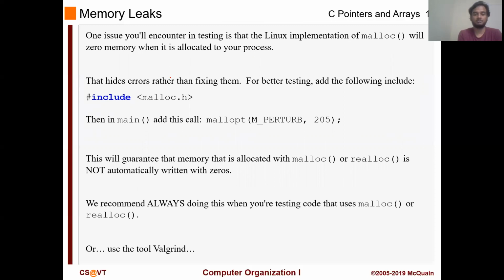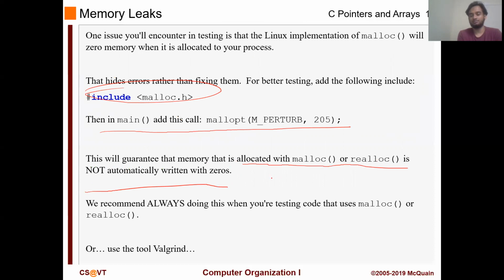If you use this one, then the main adds this call. Okay, this will guarantee that memory that is allocated with malloc or realloc is not automatically written with zeros. Okay, so the main idea is whenever you are using the Linux implementation of malloc, it kind of puts 0 over there to be nice.